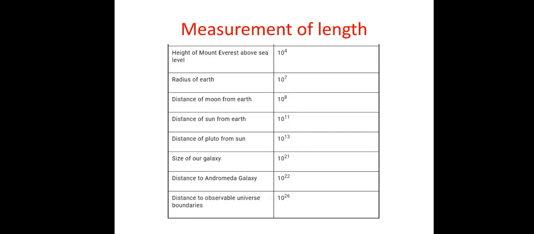These are different lengths again. If we talk about the height of Everest, it is 10 to the power 4. The radius of the Earth is 10 to the power 7. These are the long distances.